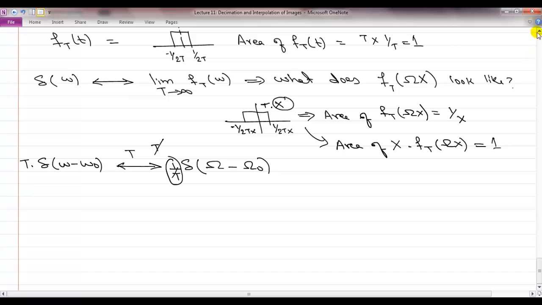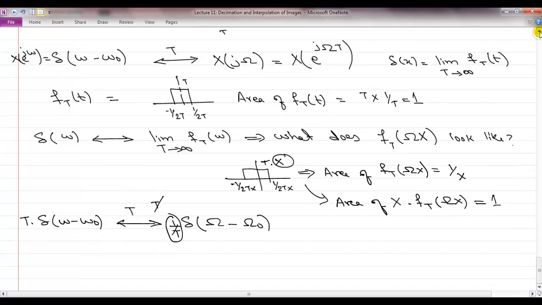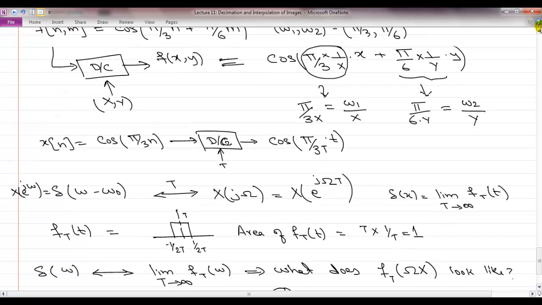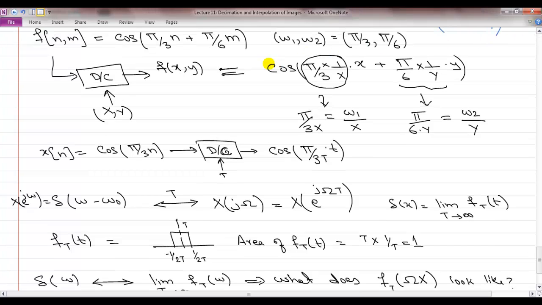That's why in this example, I'm not putting 1 over X or X in front. Because if I were to go through this expression in the frequency axis, that factor will be subsumed in defining my impulse.